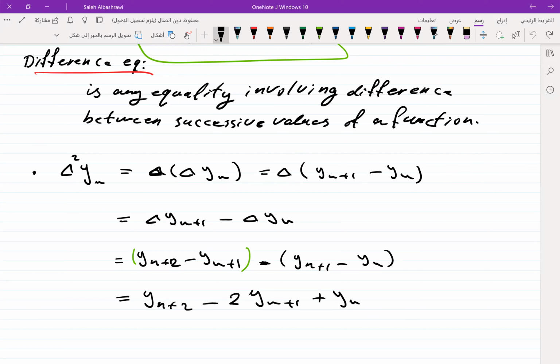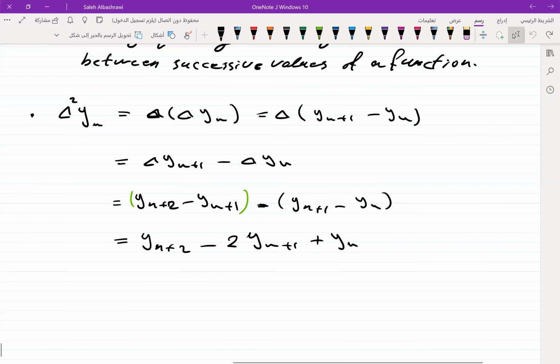Using a different notation, it will be E minus I all to the power 2, where E is something called the shifting operator.